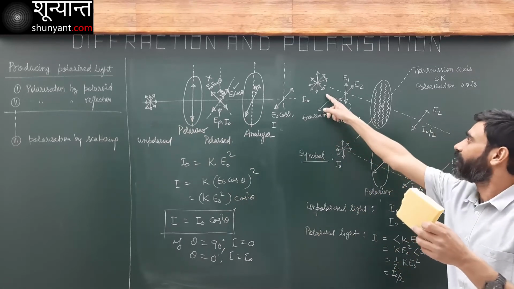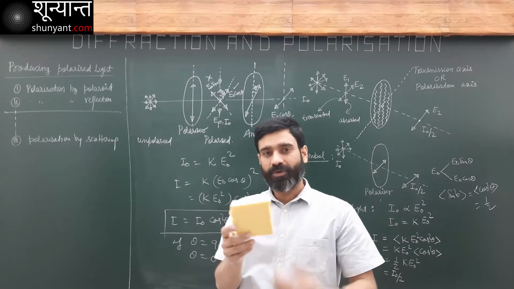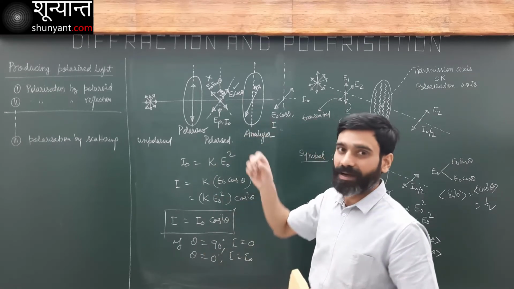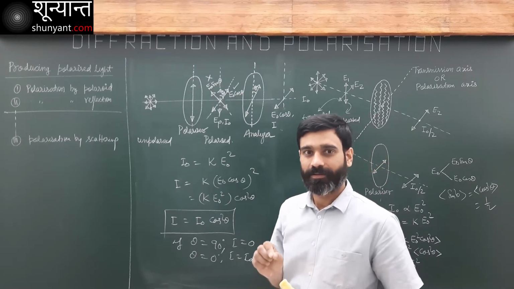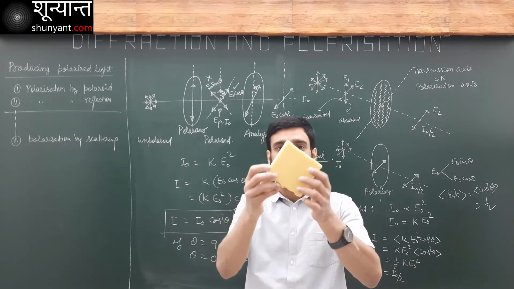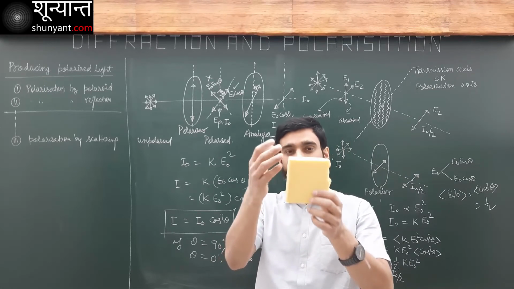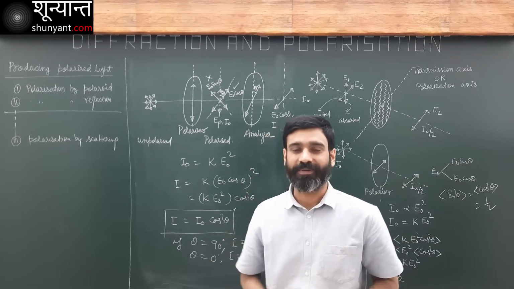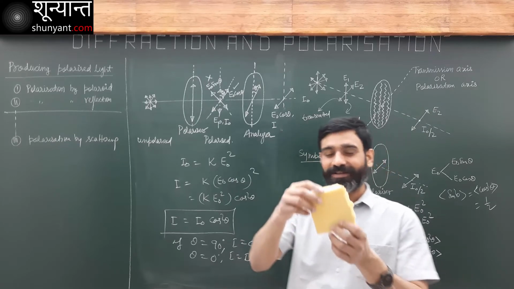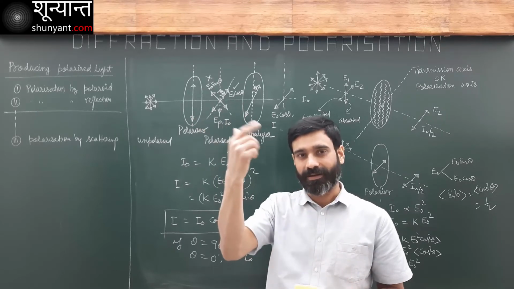Whatever the light intensity, when I use this polarizer, it becomes half. But if the light is polarized, when I rotate it, the intensity changes, from 0 to maximum. When it is 90 degrees, it becomes dark and I cannot see anything. So as I rotate it, if the intensity keeps on changing, then I know that the light is polarized.